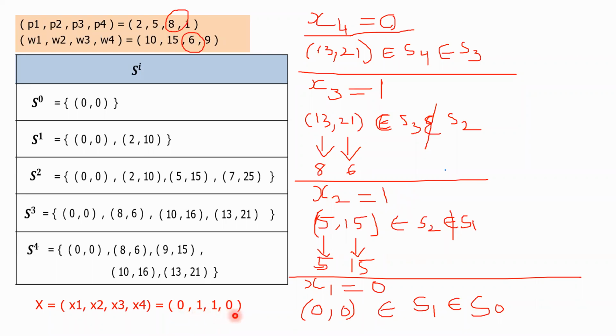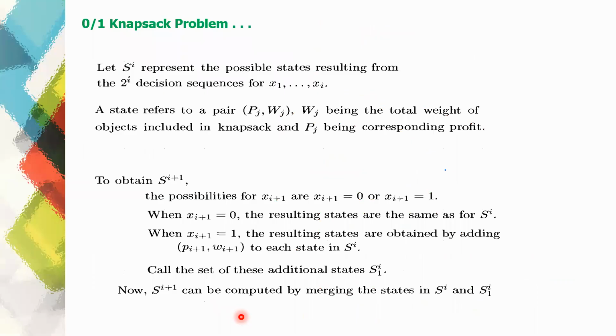So I have selected second object and third object to include them into the bag. This is how we are going to solve a given 0-1 knapsack problem using dynamic programming. This is all the theory part for whatever procedure that I have used to solve the problem.